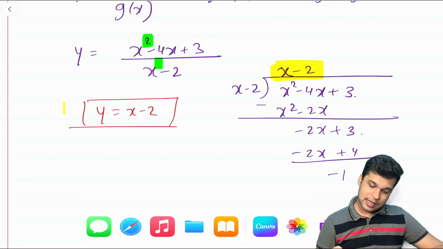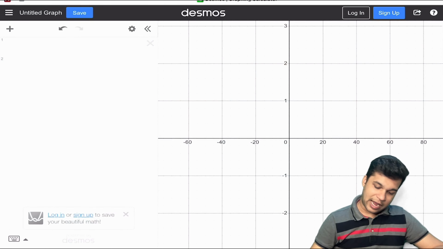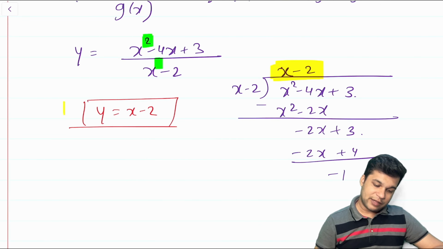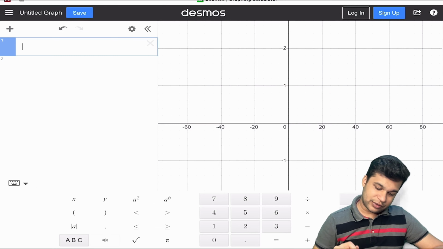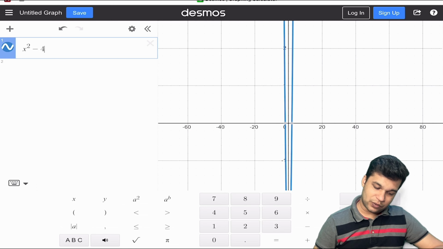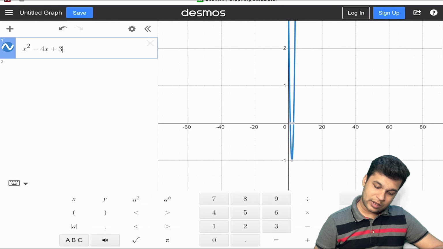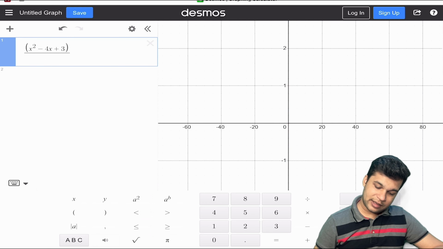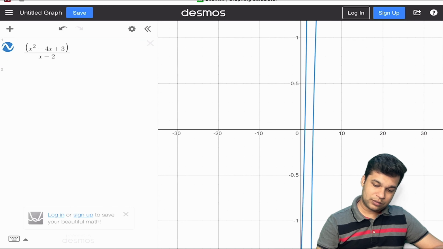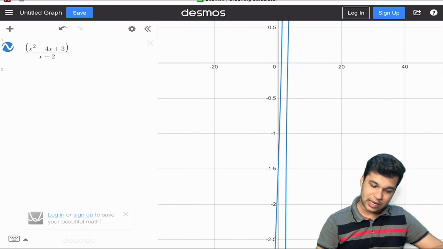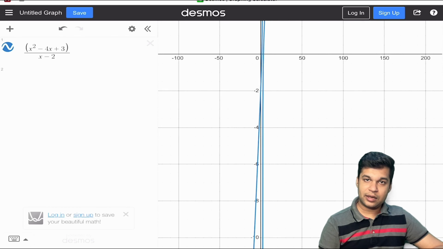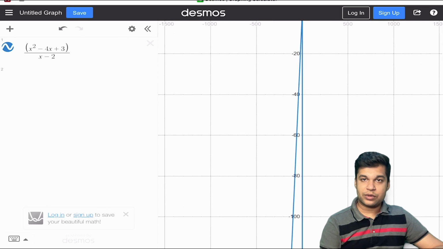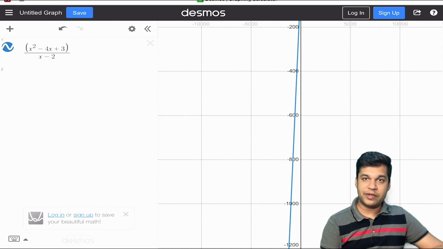What was the function? The function was x square minus 4x plus 3, and this whole thing is divided by x minus 2. So how does the graph look? If you see, it's going down, and then if you zoom it out, it's a very strange graph.